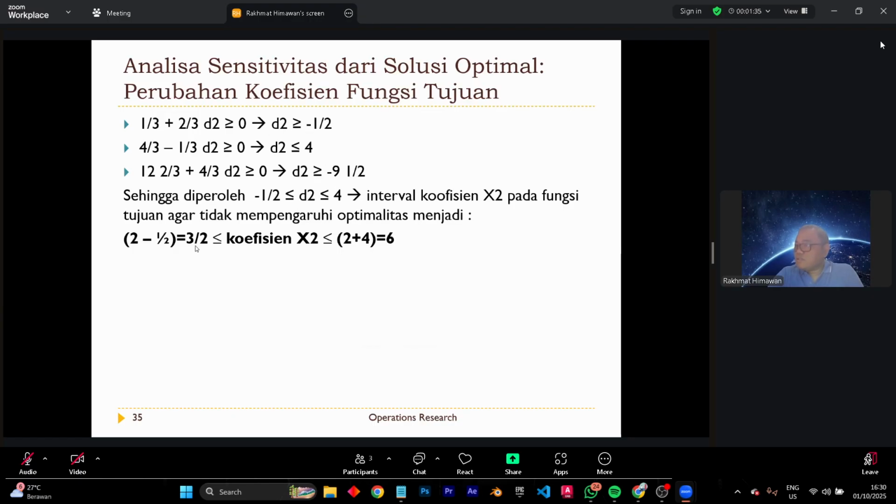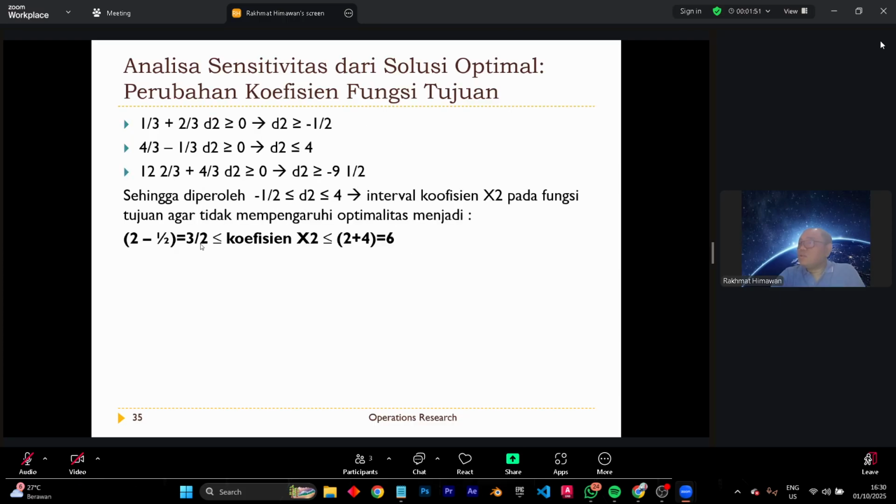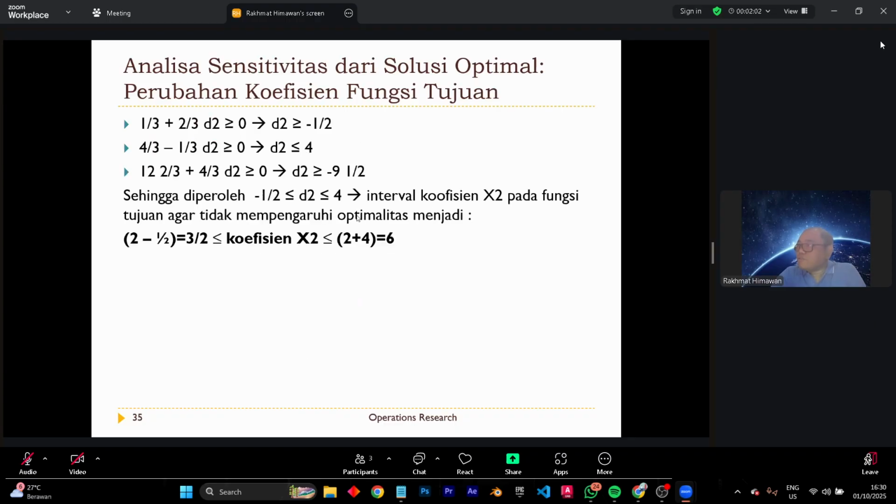We combine everything and got the range between 3 by 2 and 6, which means we could reduce the profit or revenue of X2 from the original 2 to 3 by 2. So we can even go less than $1,000. Previously, the revenue was 2,000. Even if we reduce it to less than 1,000, we still have the same optimality.